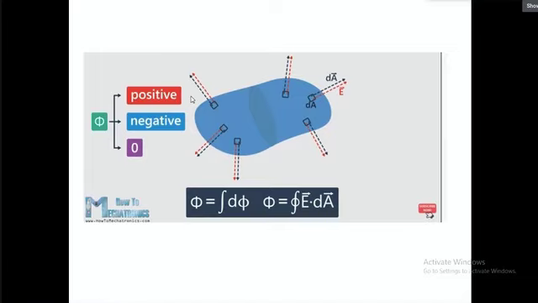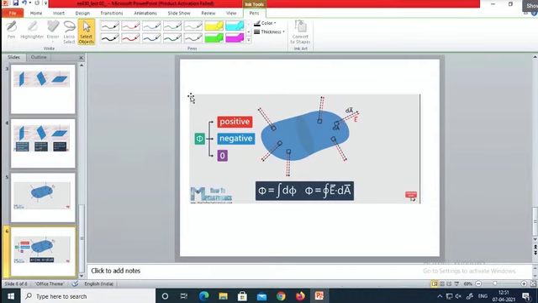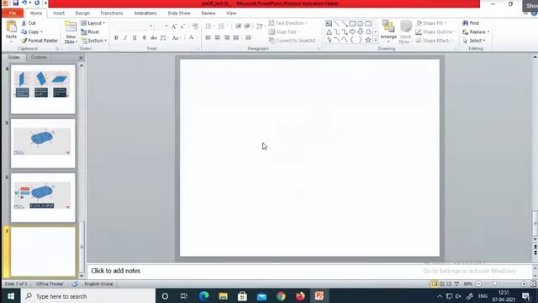The net flux is zero when the flux entering and leaving the area is the same. This is how you can understand the flux concept. Now we shall solve one more problem, and we shall get back to the concept.